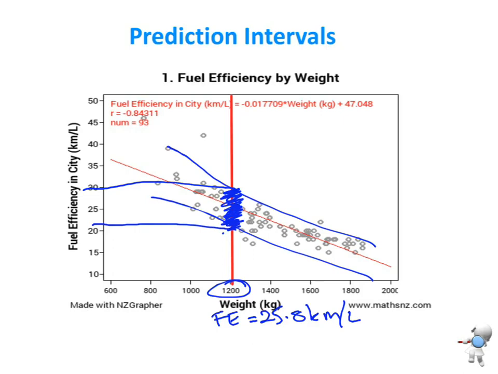So that would be my prediction interval, being able to say it could be anywhere from 22 up to 30 kilometres per litre, given the amount of variation there is in the data at that point.